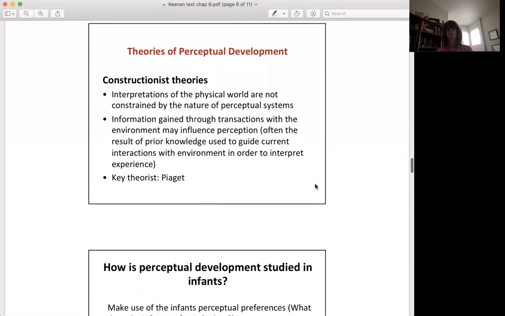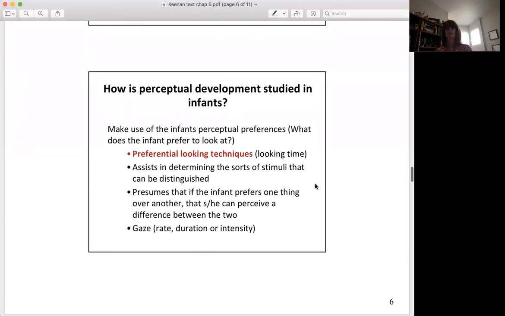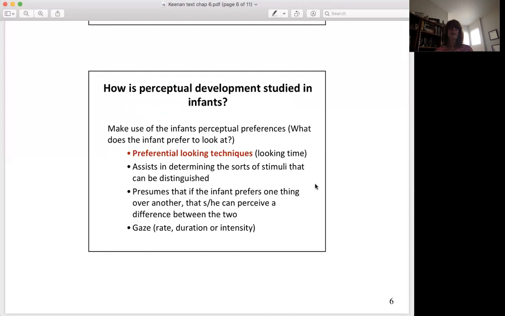So how do you look at how perceptual development is studied in infants? It's fascinating because infants are not necessarily creatures that stay put. Researchers look at what's called preferential looking time techniques. It assists in determining what kind of stimulus can be distinguished.